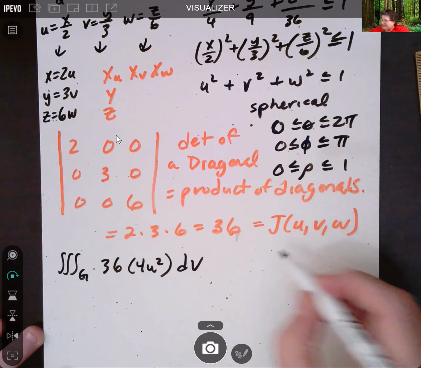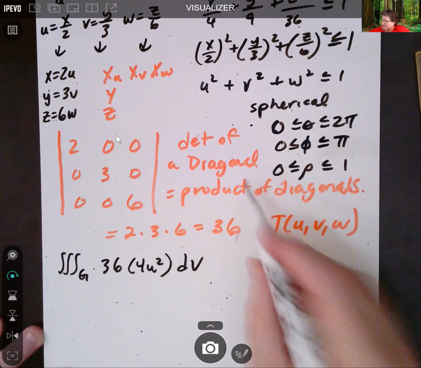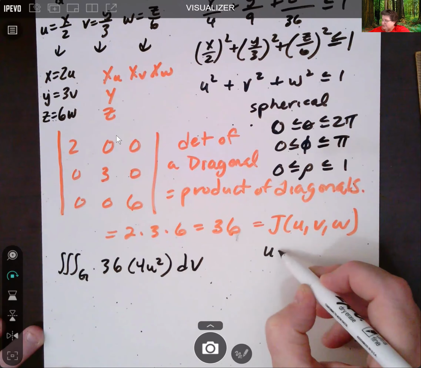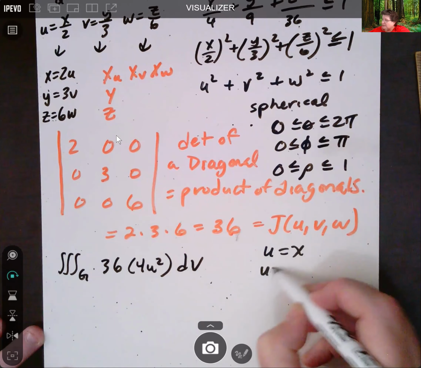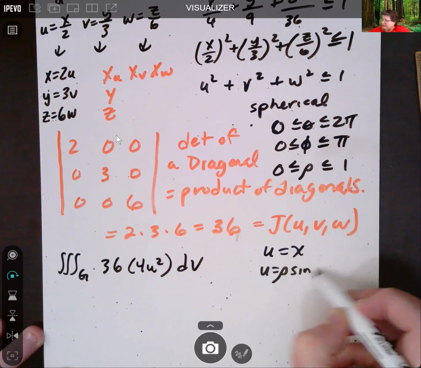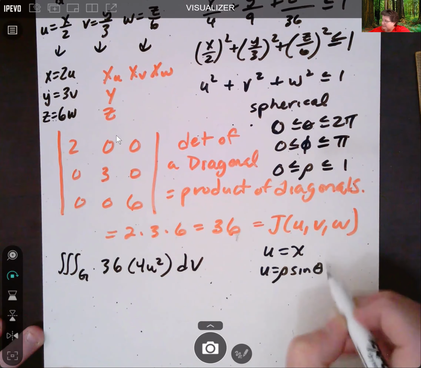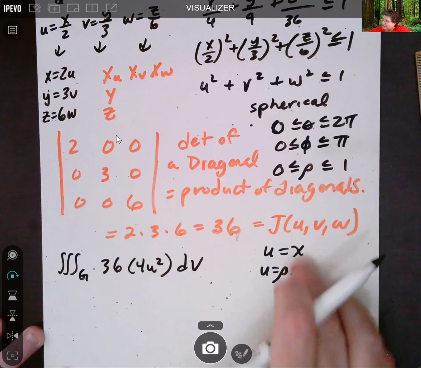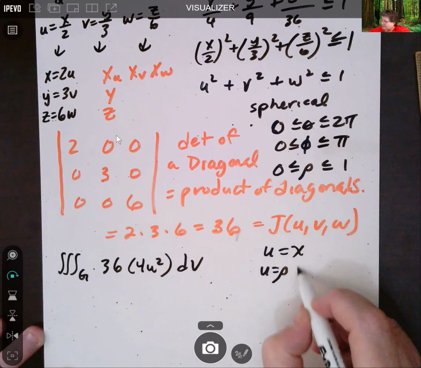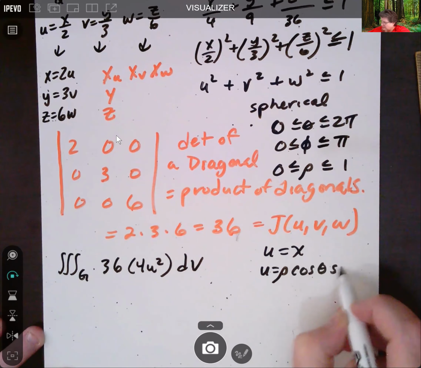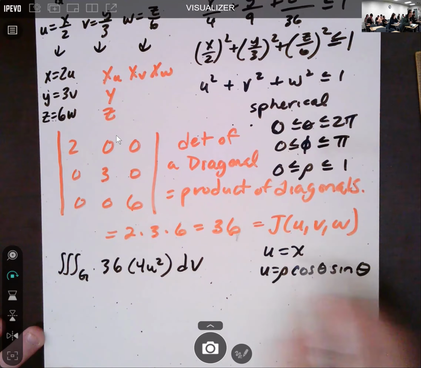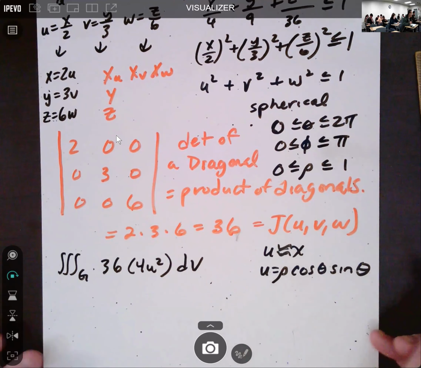And u is like x in our spherical equations. So u is rho cosine theta sine phi. It's like the x in spherical.